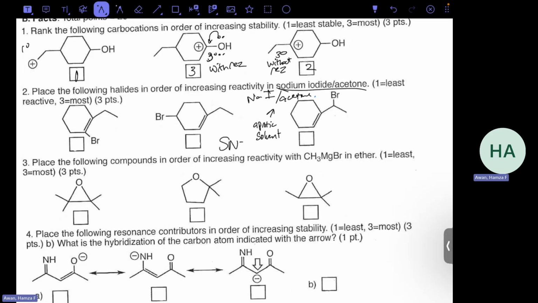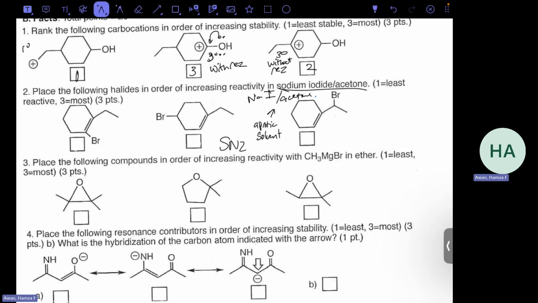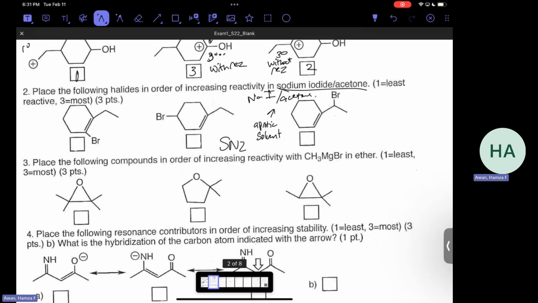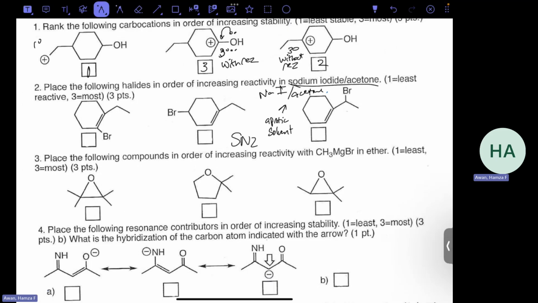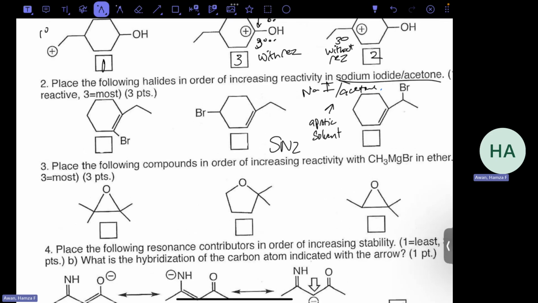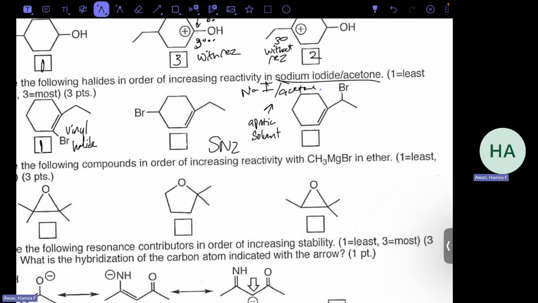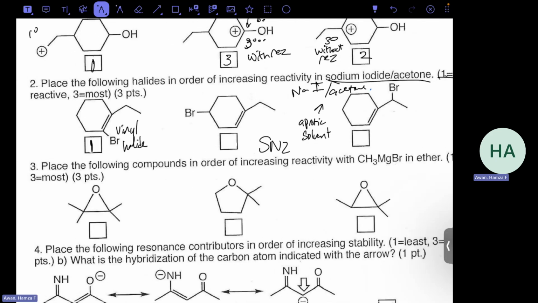Whichever one is going to be best in an SN2 reaction is going to be number 3, and so on and so forth, right? Immediately on the first one, we see a vinyl halide. You know vinyl halides are not reactive, so we're immediately going to put that at number 1, as our least reactive. Remember, 1 is least reactive.